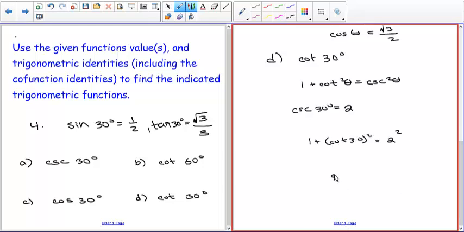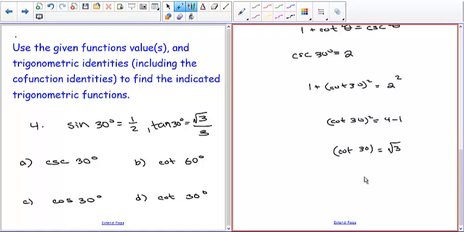So we end up with the cotangent of 30 squared is equal to 4 minus 1. 2 squared is 4. Subtract 1. So you get the cotangent of 30 is the square root of 3. So does that make sense?